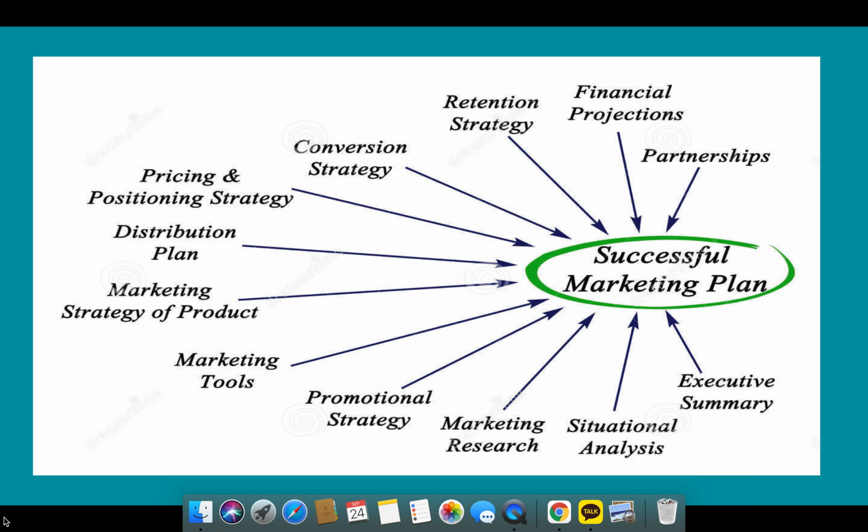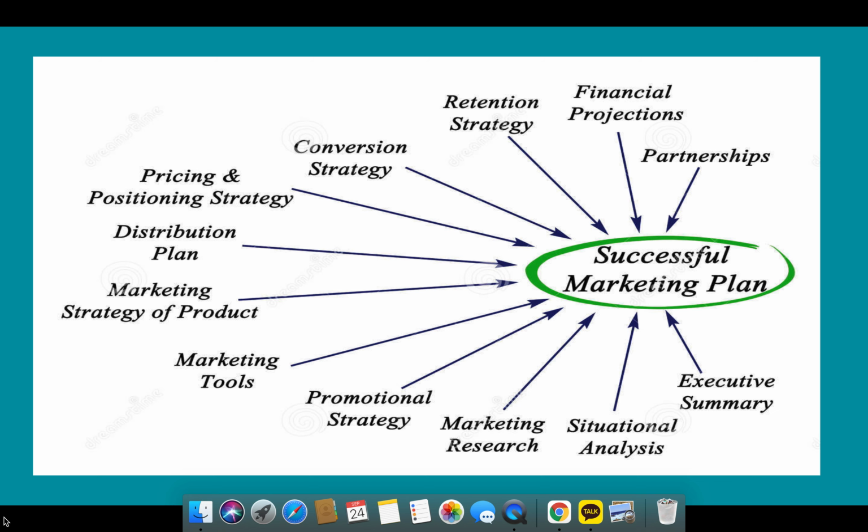Then the rest are the different strategies that you can come up with in connection to your marketing plan, like promotional strategy, the marketing tools, the marketing strategy of the product, the distribution plan, the pricing and the positioning strategy, the conversion strategy if in case you will be expanding your business or if in case you will be merging, okay? Or if in case you will be consolidating your business into one place.